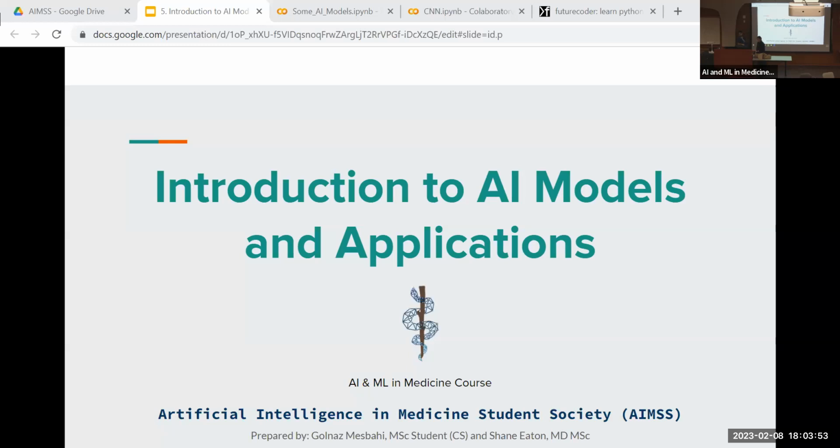So today we're going to introduce you to some AI models and some of the applications. And I understand that's a big mouthful, and I don't know how Golnaz is going to do this in 1 hour, but I have trust in her abilities. No pressure. So we'll see how that goes, but it's going to be mostly rapid fire going through some of these models.